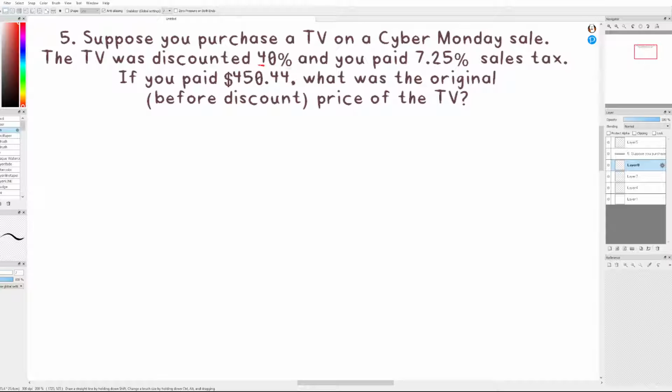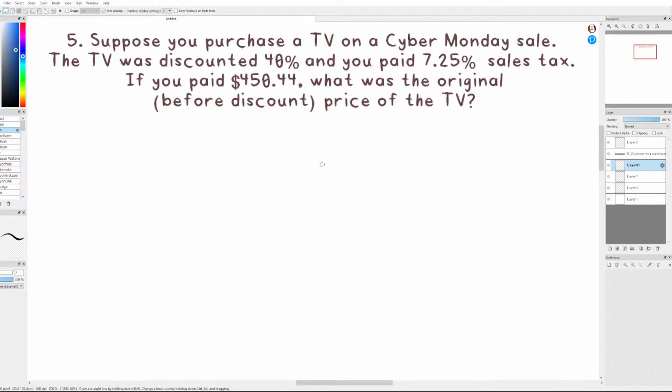It was discounted at 40%, and you paid 7.25% for sales tax. We know that we paid $450.44, and we want to find the price of the original TV before the 40% discount and before the tax.